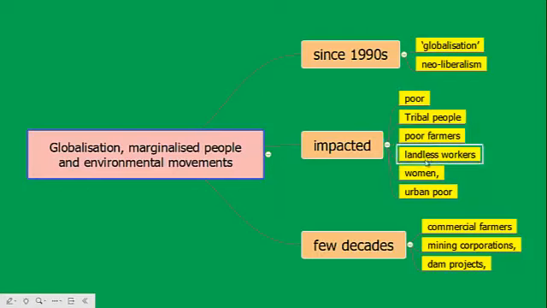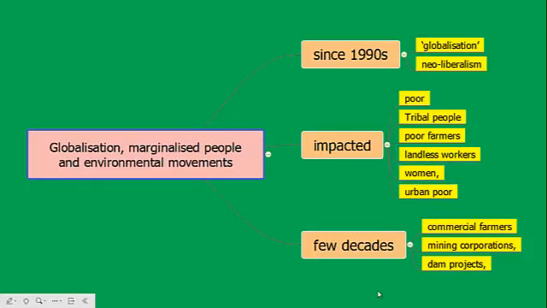Unorganized sectors and industrial workers will be affected. Most of these people are uneducated, and they lack adequate nutrition and health. When they lose their employment because of globalization or neoliberalism, they are affected. That is what has happened during the last few decades.